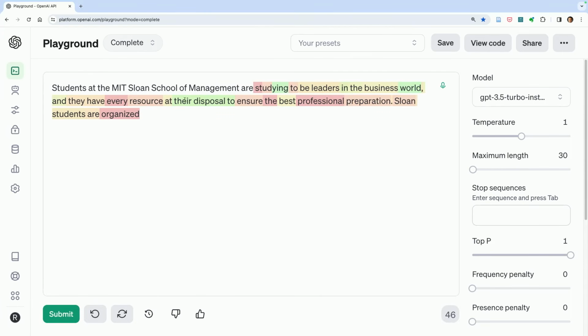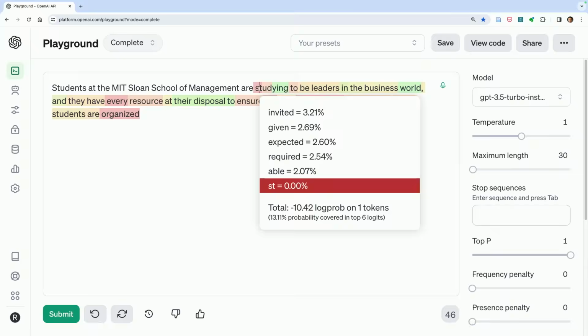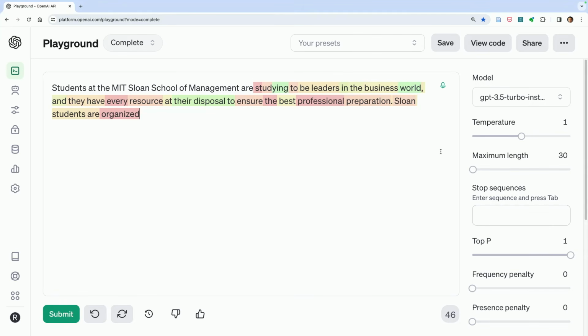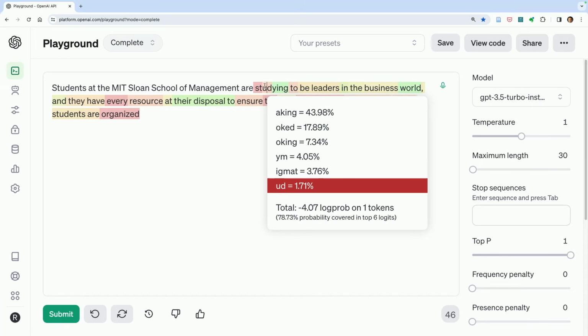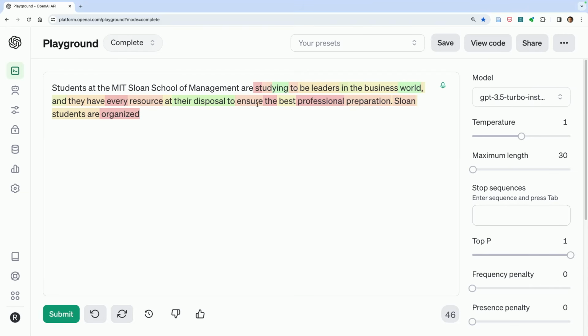So, okay, this is what it's filling out. Now you click on this word, you get all the probabilities. Pretty cool, right? So you can see invited, given, expected. These are all some of the things we had. And so what you can do is you can go in there and say, here clearly, aching? What is that? That's very weird.